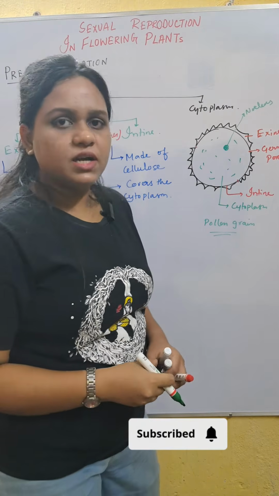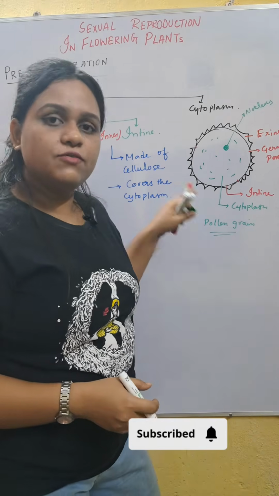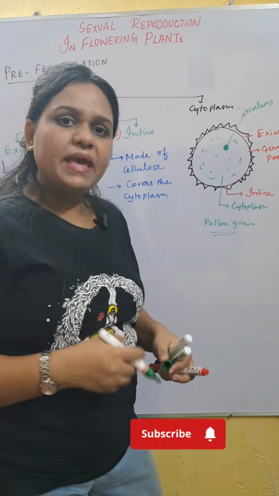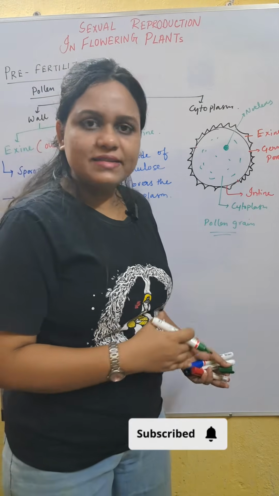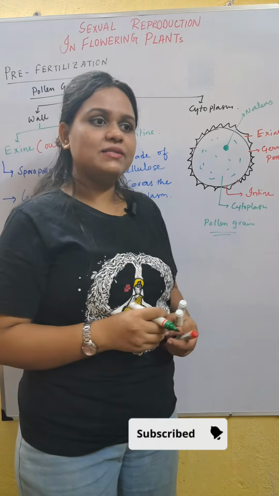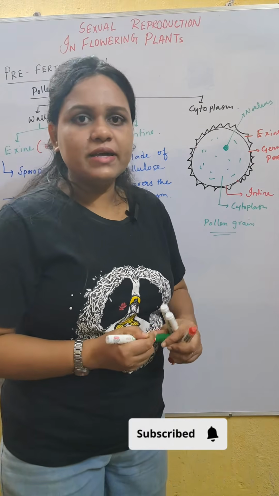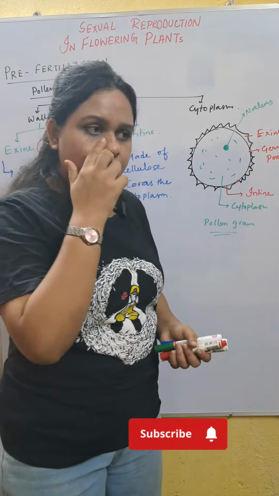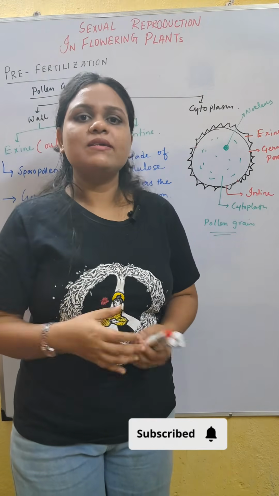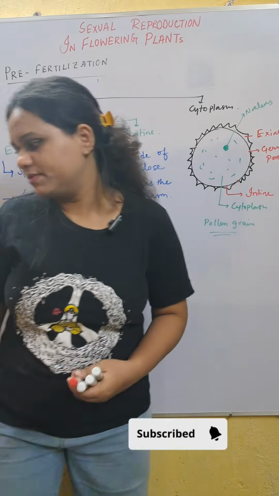After pollination, the pollen grain will eventually grow into male gametes. We will understand the formation of male gametes after we study pollination. So we have done microsporogenesis. Now let's start with megasporogenesis.